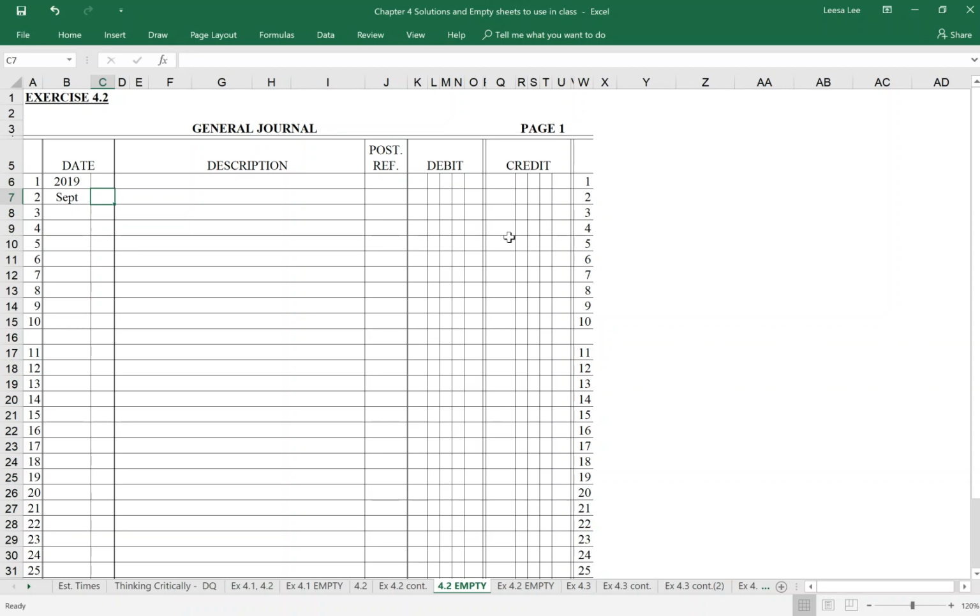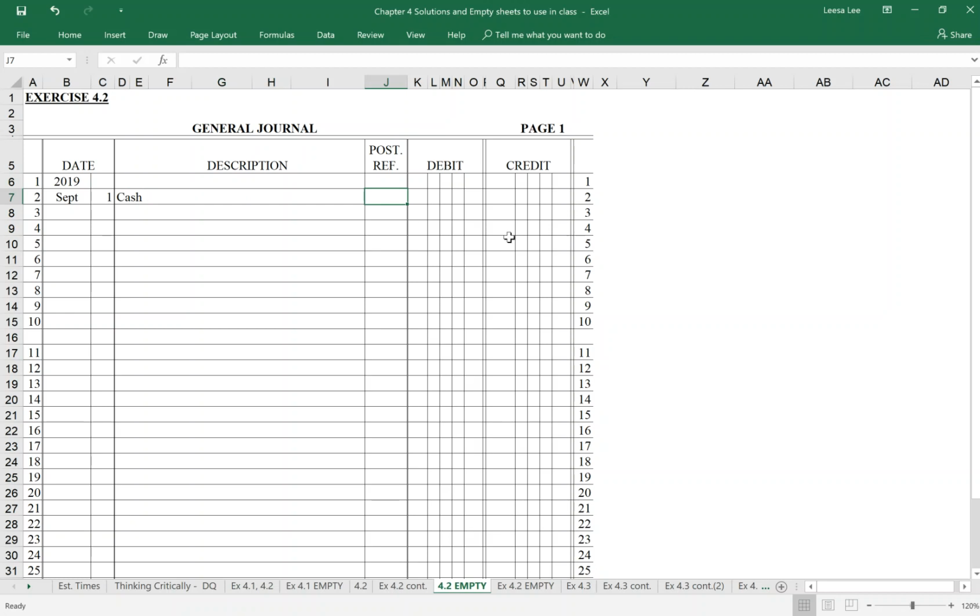Okay, our first transaction says on September 1st, so we'll put a 1 in there. Zach Mason invested $30,000 in cash to start the firm. So cash will be our debit, because we're getting cash. Always put the debits first. There's nothing that we put in the post-reference column yet.